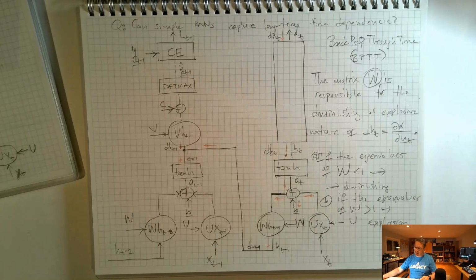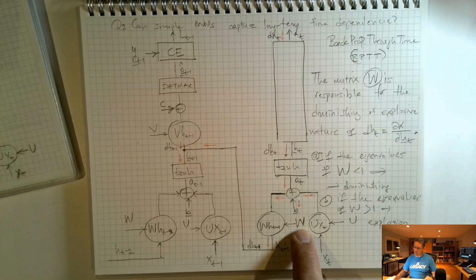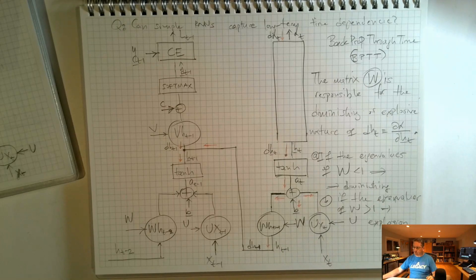And apparently, empirical observations of the RNNs indicate that the simple RNNs cannot really remember for long periods of time. So we need to move on into another architecture. Like you probably guessed, somehow this controlling of this W matrix has to be built into that architecture. And we will call this architecture the long short-term memory architecture.